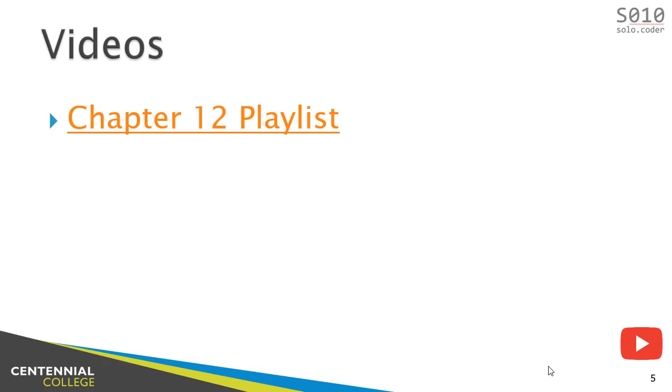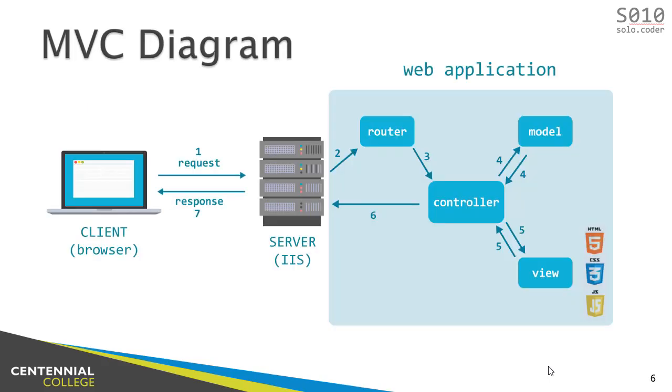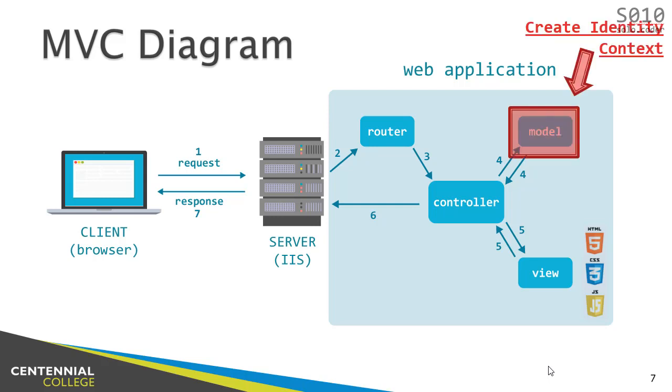The playlist for the chapter is available there as well. You have gone through the first few steps, and what you have done so far covered the basics. You have created an identity context. Who can tell me briefly what that identity context is?